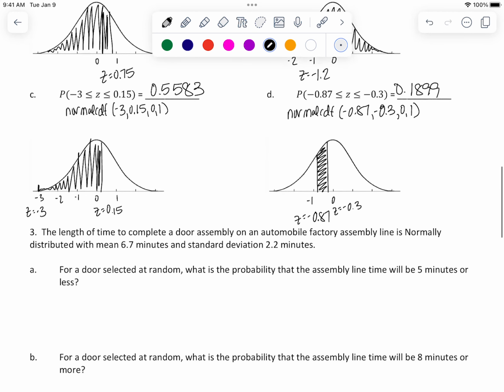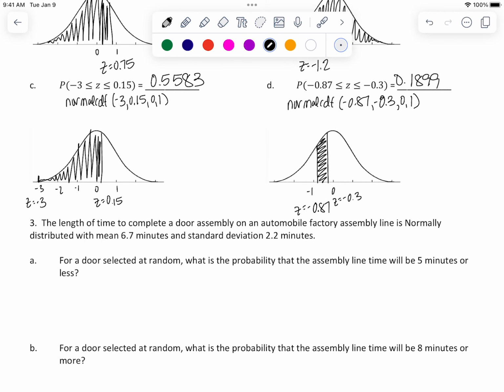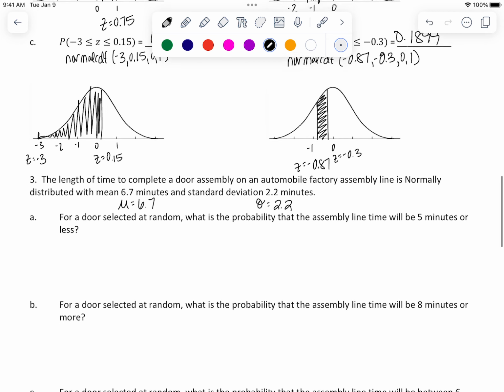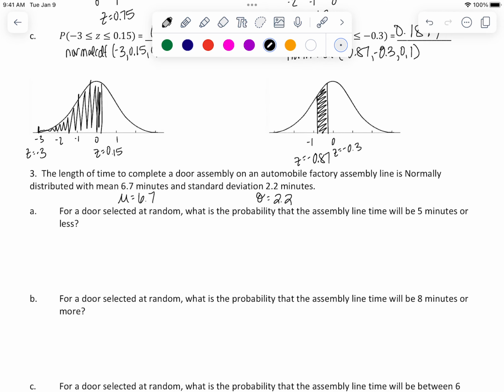All right, the length of time to complete a door assembly on an automobile factory assembly line is normally distributed with a mean of 6.7 minutes, standard deviation of 2.2 minutes. So again, our mu is 6.7, our sigma is 2.2. For a door selected at random, what's the probability the assembly line time will be 5 minutes or less?